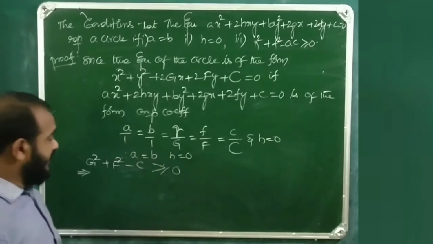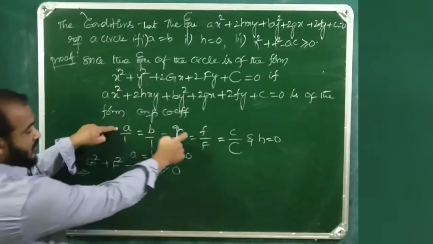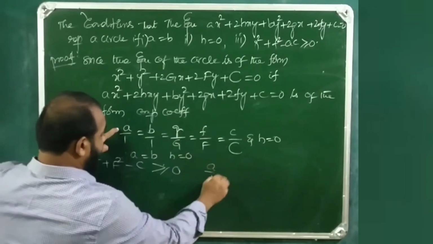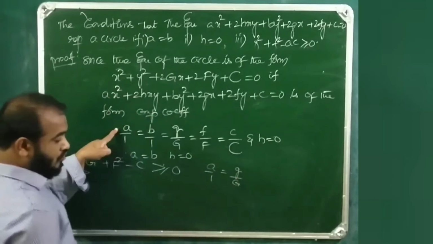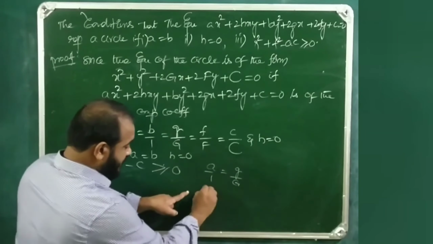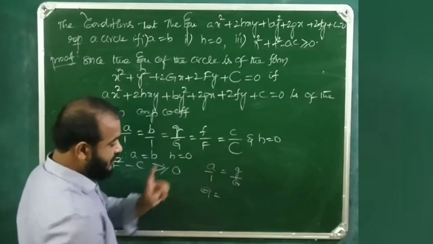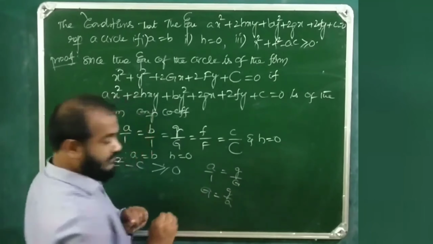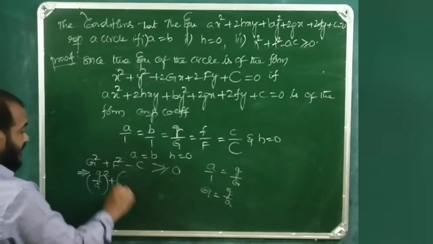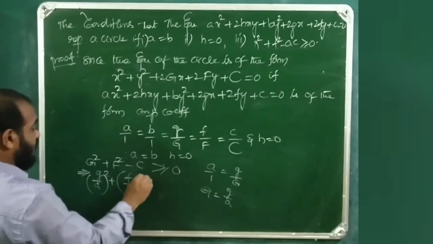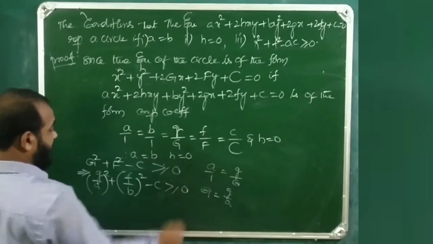So the g value: if you compare these two, a by 1 equals g by capital G. So from this, capital G equals g by a. So from this, (g by a) whole square plus, likewise, (f by b) whole square minus c is greater than or equal to 0.